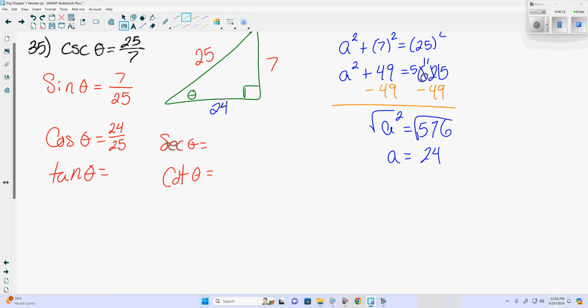Tangent's opposite over adjacent, which would be 7 over 24. Questions on how we got cosine and tangent? We feel good getting those? Secant, hypotenuse over adjacent, or just the flip of cosine, which would be 25 over 24, and cotangent is the flip of tangent, and we have the rest.